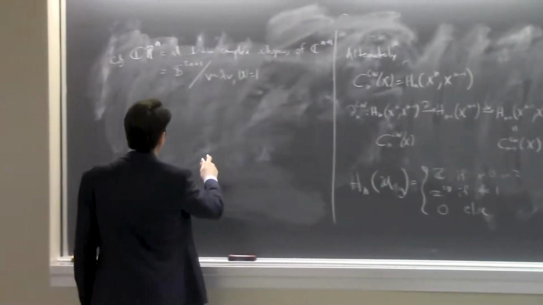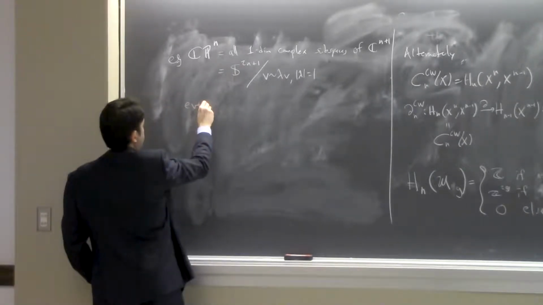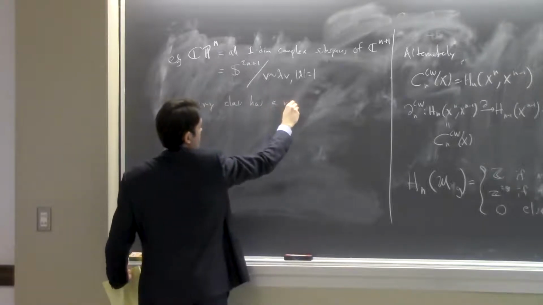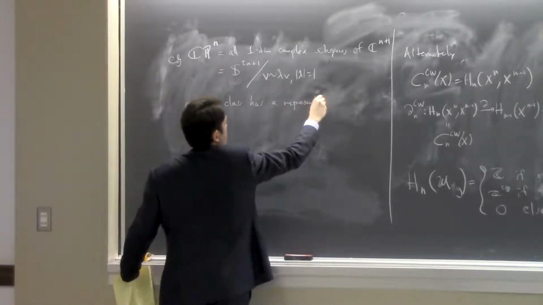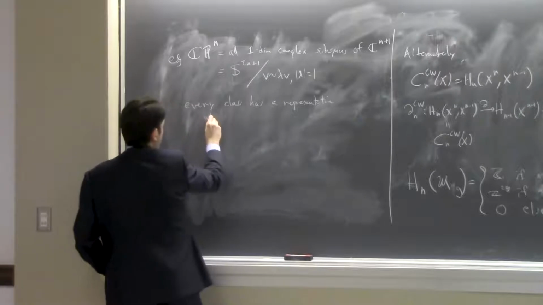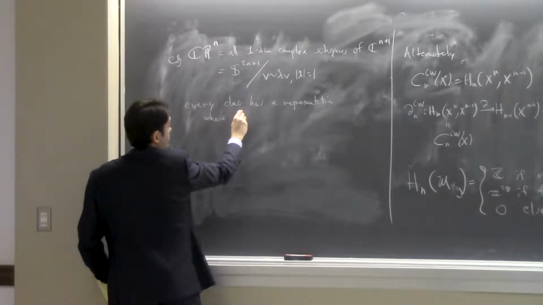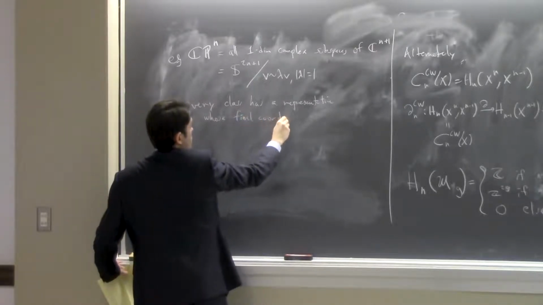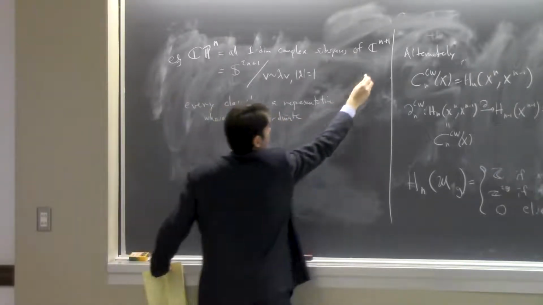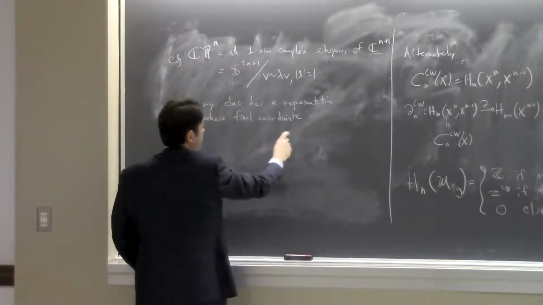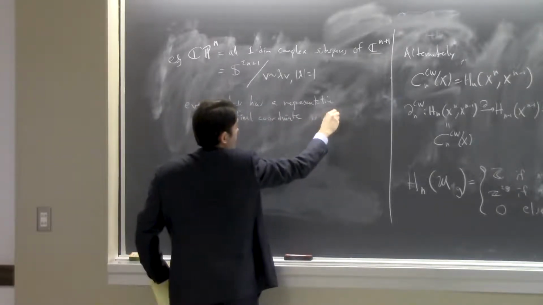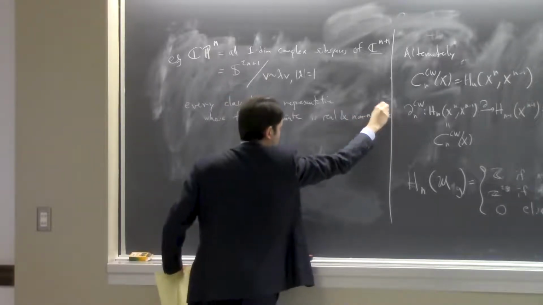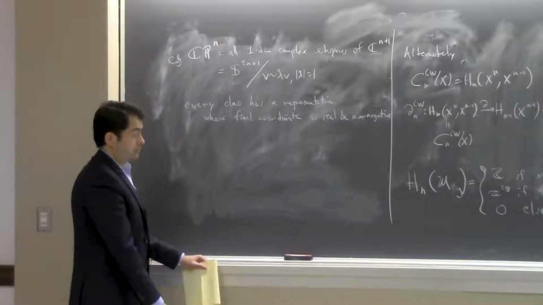So you can do the same thing here. Every class has a representative whose final coordinate, which is in principle a complex coordinate, is real and non-negative. Right?